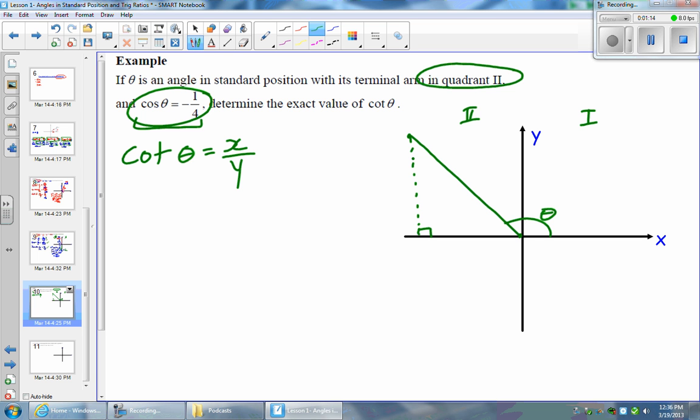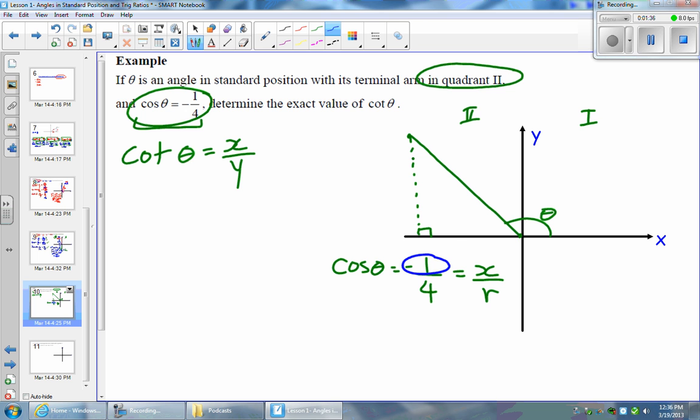How we're going to do that is use the fact that we know that cosine theta is equal to -1 over 4. Remember, what was the cosine theta ratio equal to? Well, that was equal to x over your r value. So that means my x value is going to be -1.